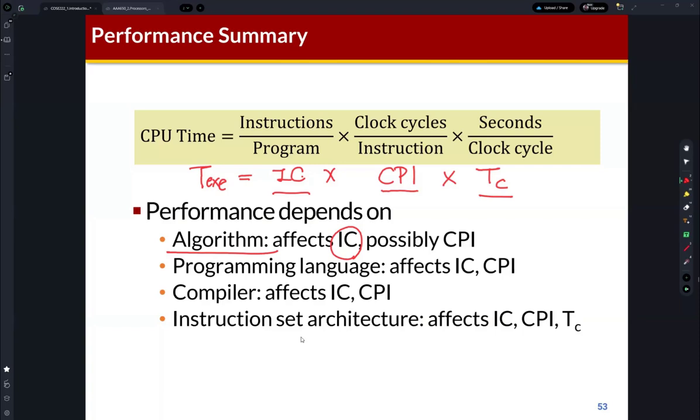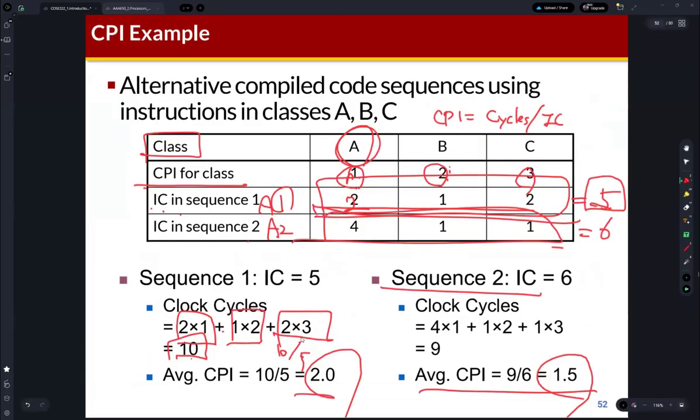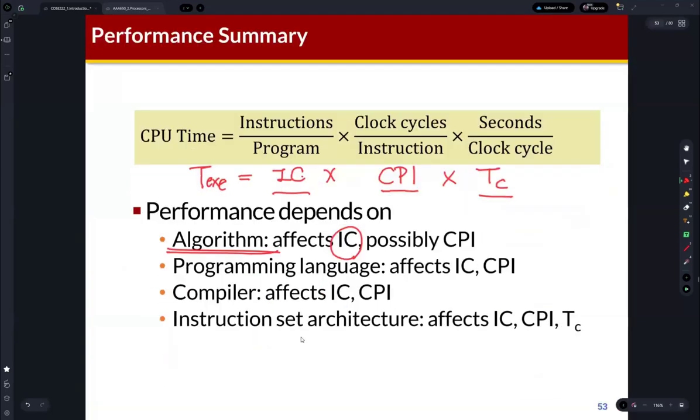Instruction count is different, so it also depends on the algorithm. As I mentioned, in this example software can also influence CPI, but possibly. Actually, software primarily influences instruction count.